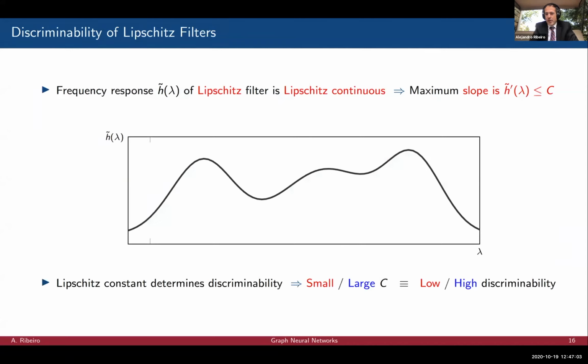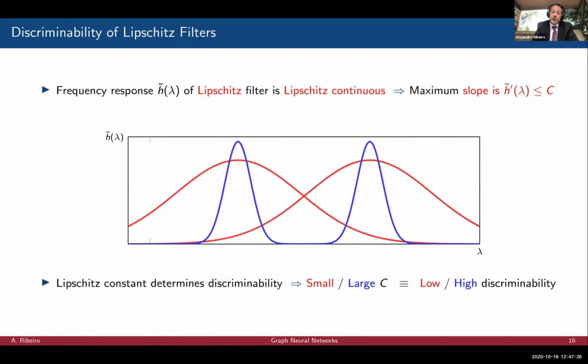An example is somewhat uninformative because it doesn't really tell you anything. The difficult thing is not to construct a filter that is Lipschitz. The difficult problem is to construct a filter that is not Lipschitz, because a filter that is not Lipschitz will need an infinite derivative at some point, okay?